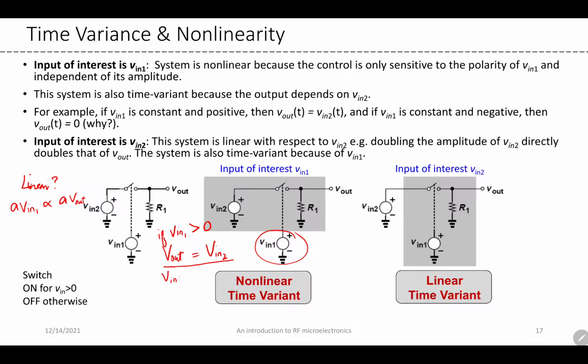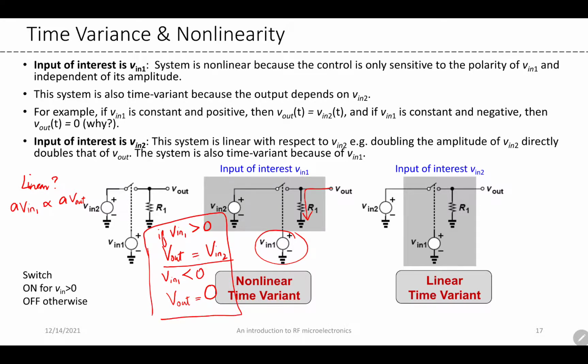If v in 1 is less than 0, v out is equal to 0, because in that case the switch is open, so this is an open circuit, and all v out is seeing is ground, so there's no voltage. So this is how the system is behaving.